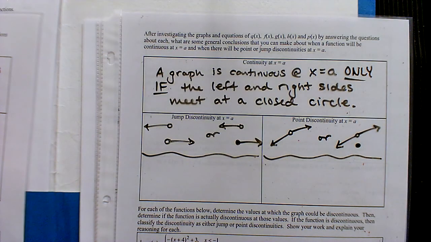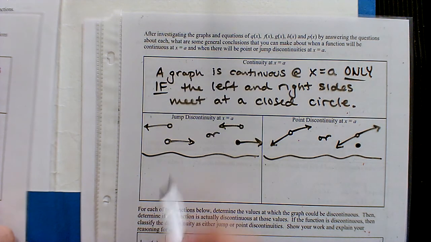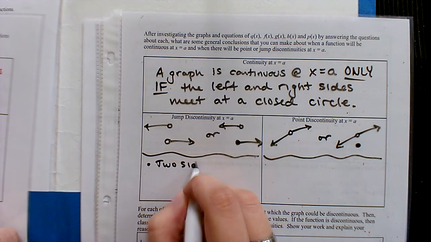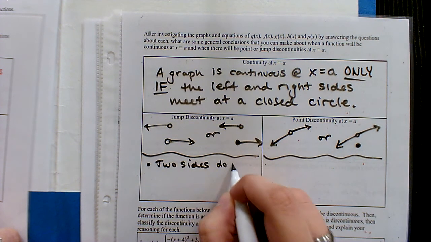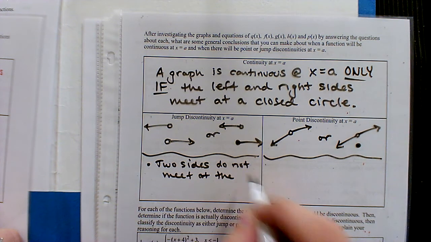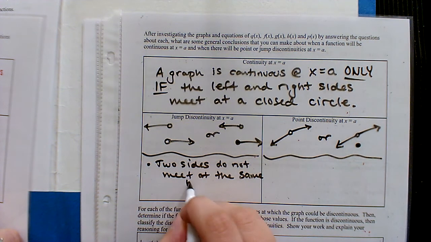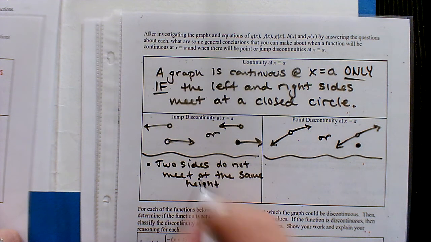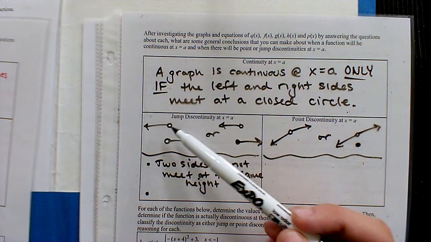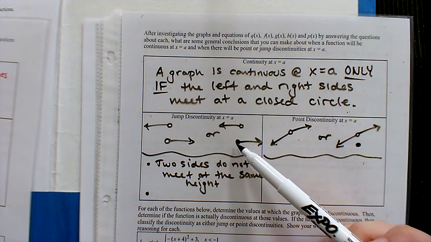Okay, so in terms of the numbers, the analysis, we said for a jump discontinuity, the two sides do not meet at the same height. But if you look at the two options here, notice how we may have a closed circle there on the graph, but we may not.